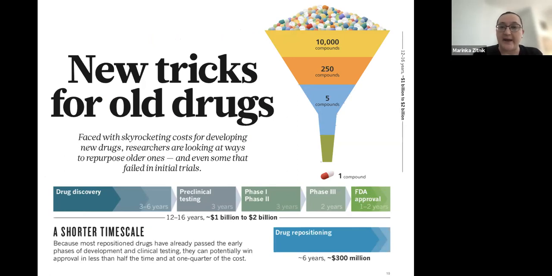One of the reasons why that has happened over the last few years is, of course, because of the data availability, but also because the process of drug discovery and development is extremely resource intensive and expensive. And so it takes on average 12 to 16 years, and it can cost between $1 and $2 billion to bring a new drug to the market and design a new drug from scratch. And so that's really expensive and challenging.